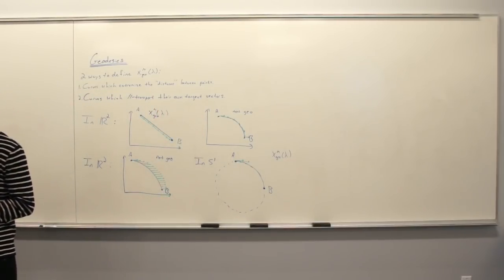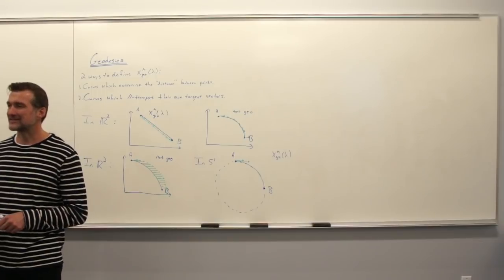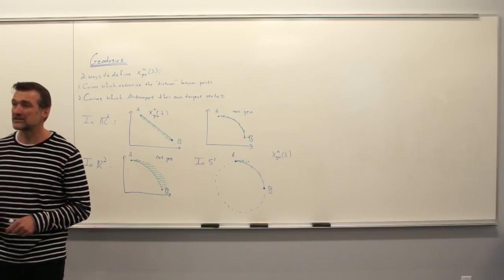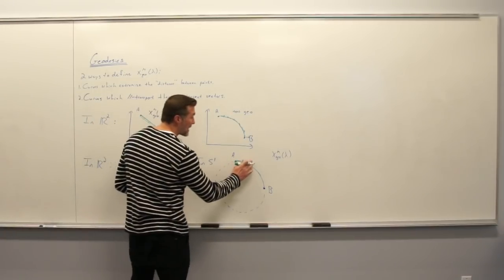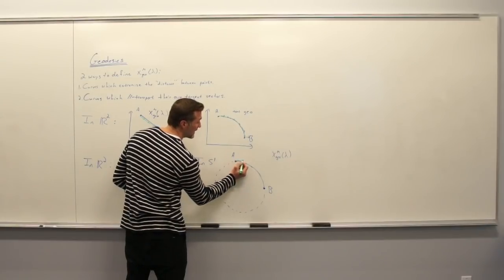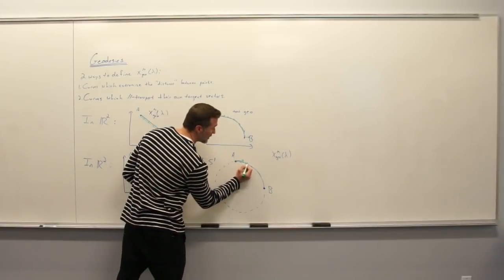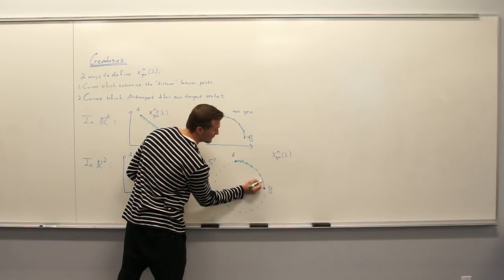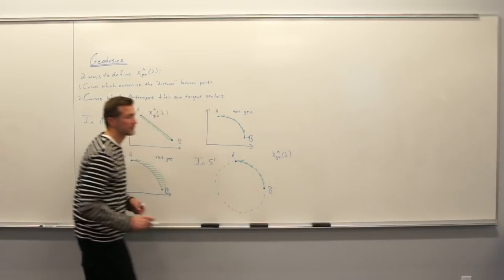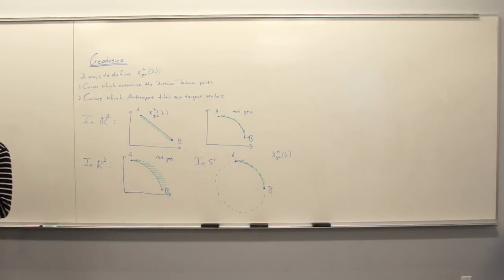The vectors have to live in the tangent space. They're forced to live in tangent space. So I am forced to have the vector at the next point look like that. And then so on all the way down the path. Okay?